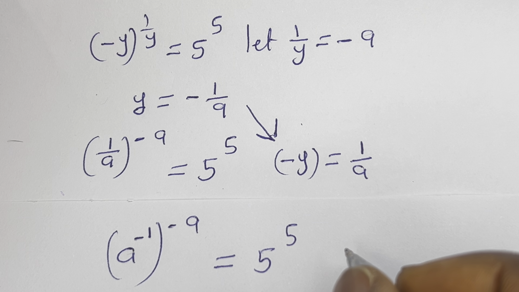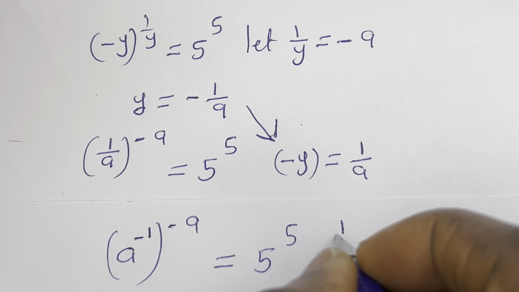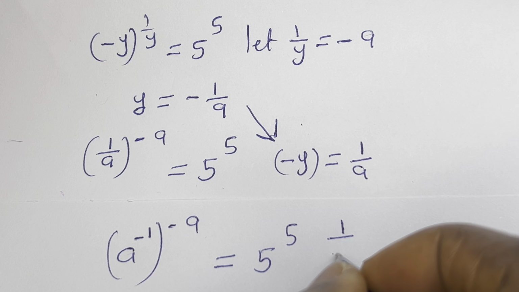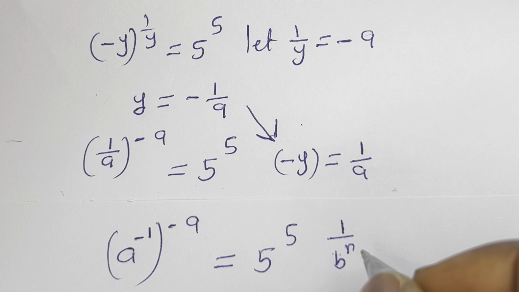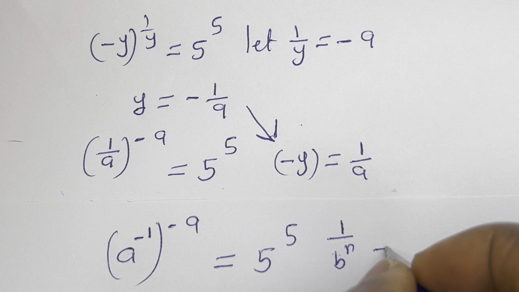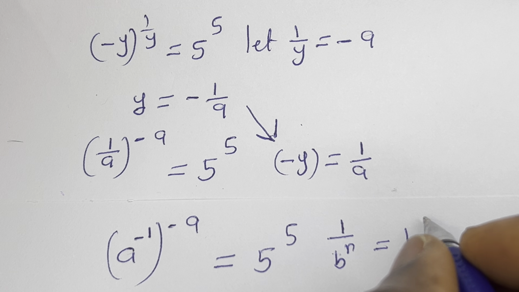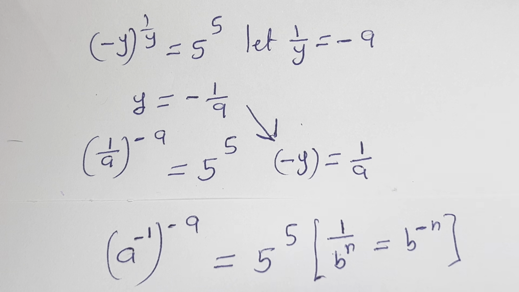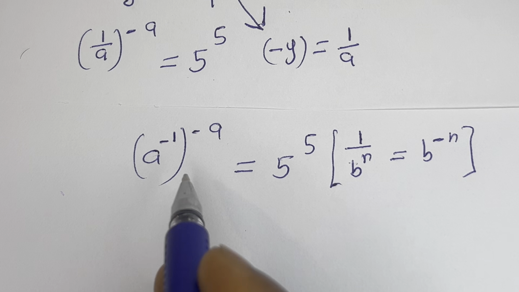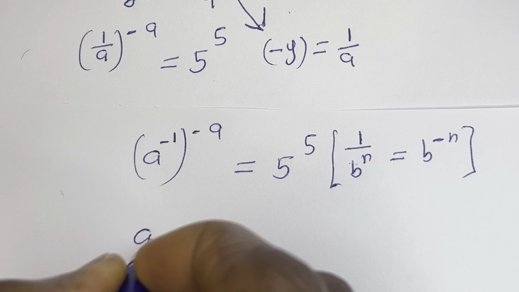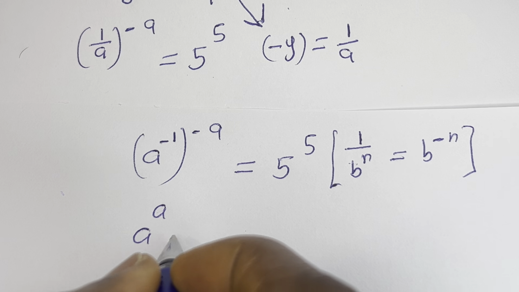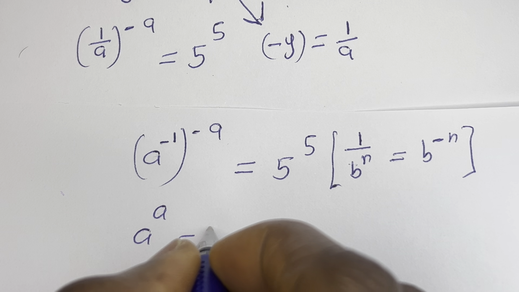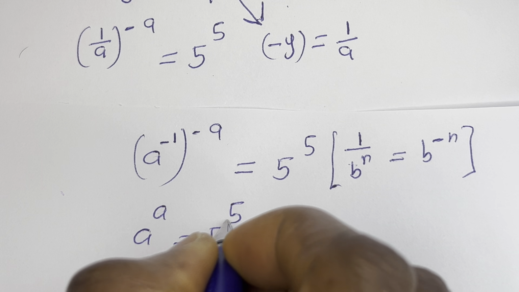Now take note of this, that if you have 1 divided by b to the power of n, this is equal to b to the power of minus n. Therefore, this can be written as a to the power of a is equal to 5 to the power of 5.